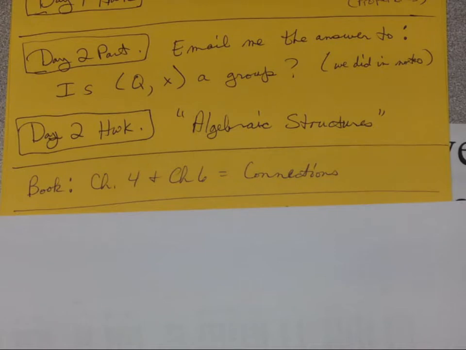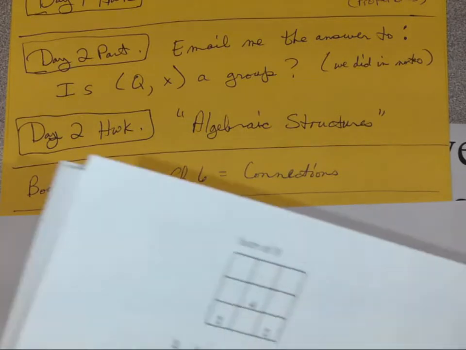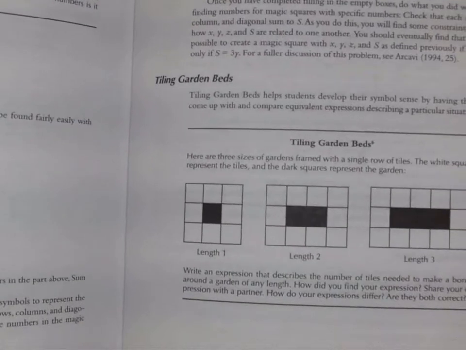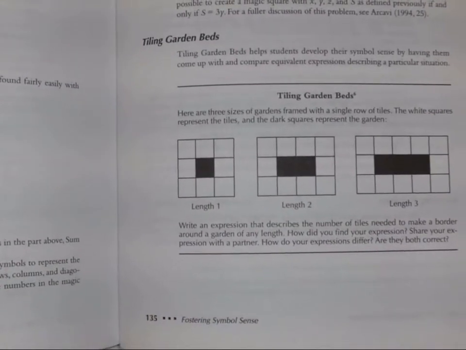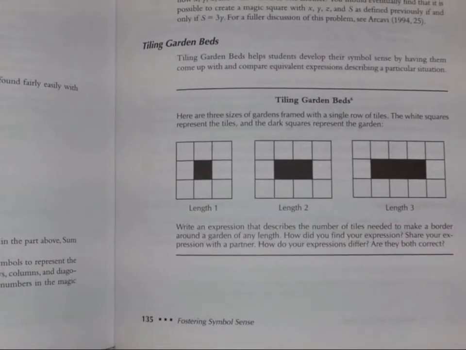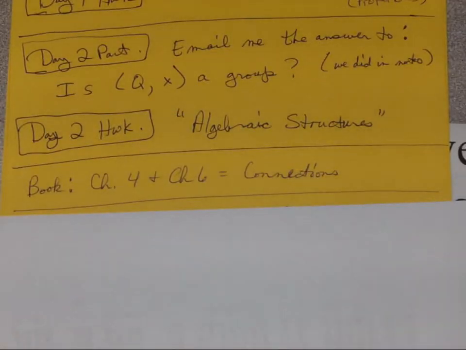There was one more, there was a tiling activity. I wanted to make sure I showed you. That might be in the last chapter. Here. Tiling activity, tiling garden beds. I've done that with kids in middle school before. It's on page 135. Which I guess is still technically Chapter 6, maybe?